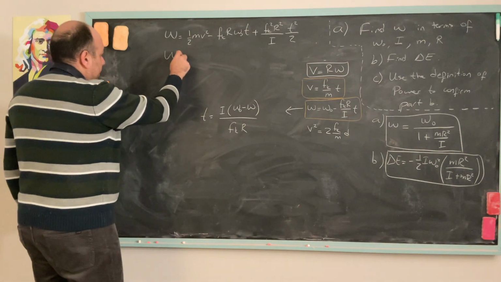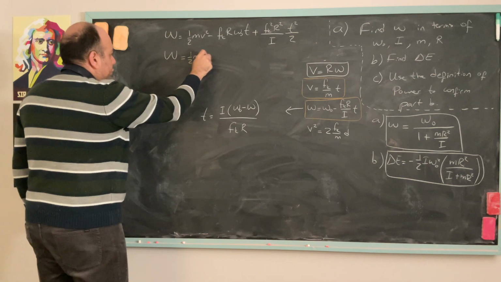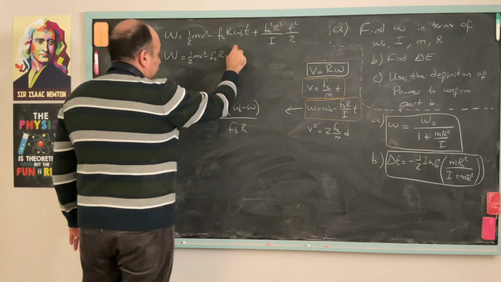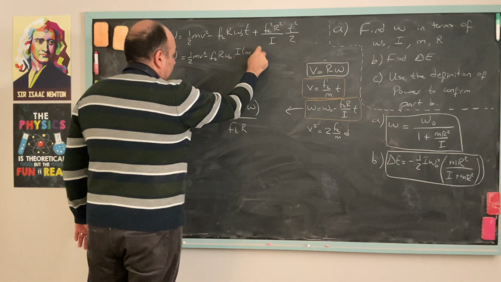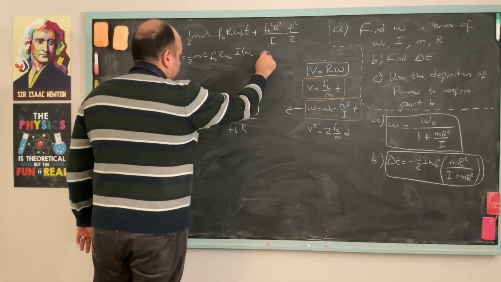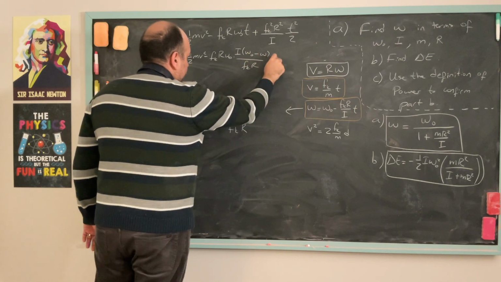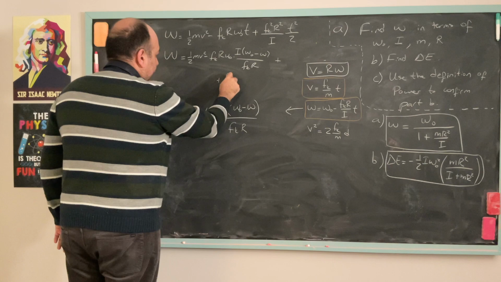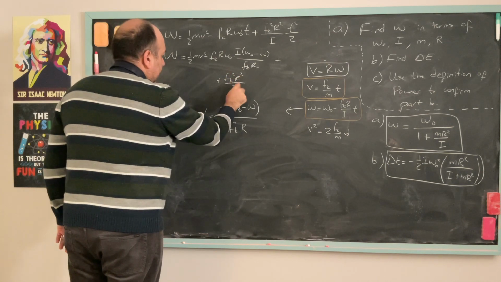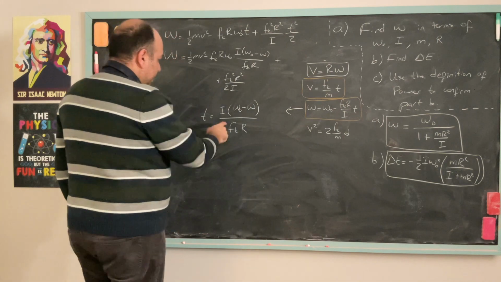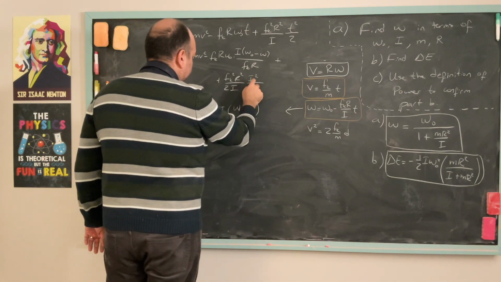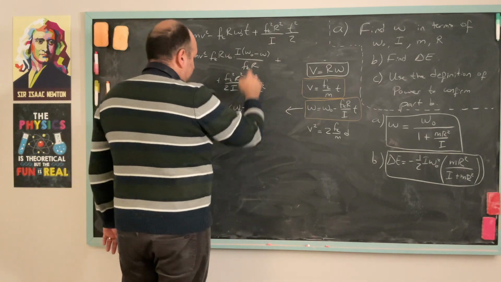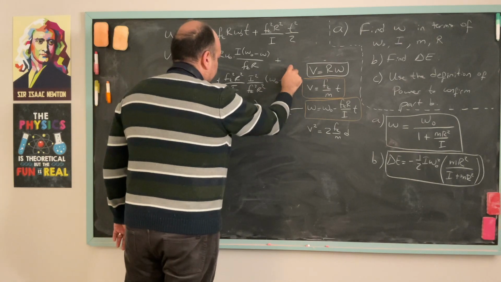So the work done is equal to 1/2 mv squared minus FKR omega naught times time here, I over FKR times (omega naught minus omega), plus the last term here, plus FK squared R squared over I, so there's a 2 here, times t squared, so we will have I squared over FK squared R squared, and (omega naught minus omega) squared.